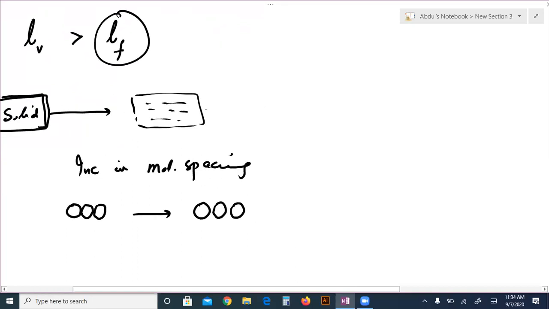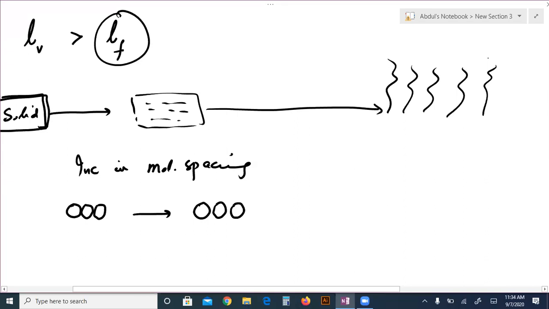But when this liquid is converted into vapor, into steam, into the gas, there is a complete removal of molecules from the liquid.